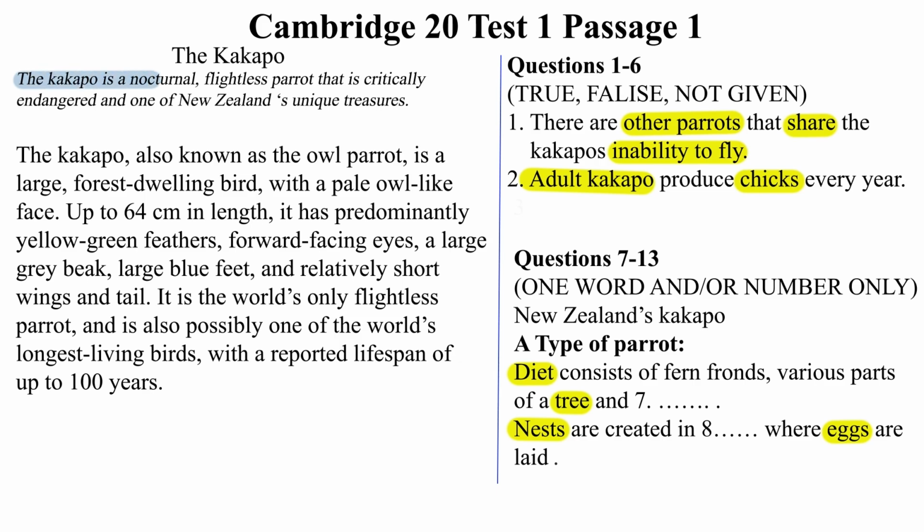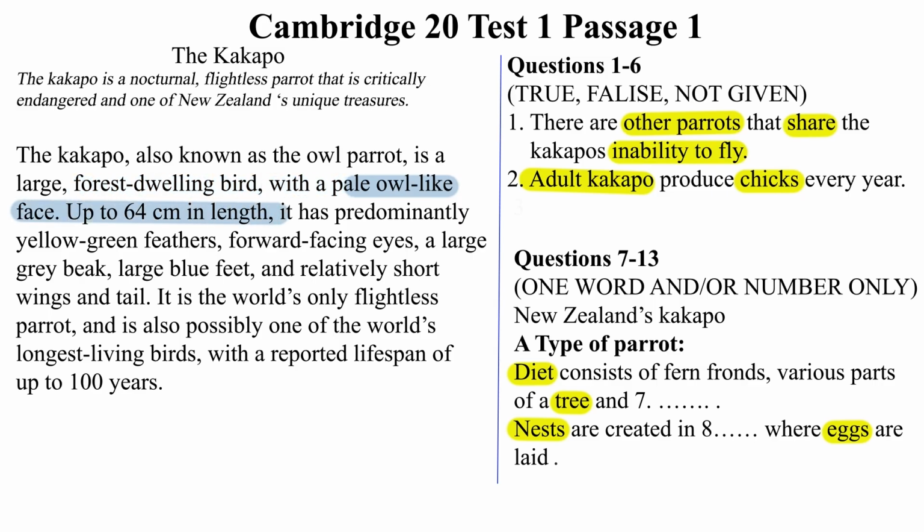The kakapo is a nocturnal, flightless parrot that is critically endangered and one of New Zealand's unique treasures. It is out of the passage, so just avoid it. The kakapo, also known as the owl parrot, so kakapo and owl parrot are the same, is a large forest-dwelling bird with a pale owl-like face.